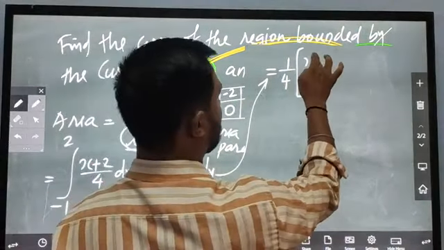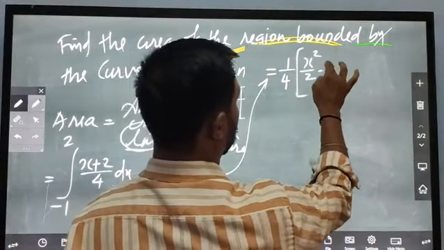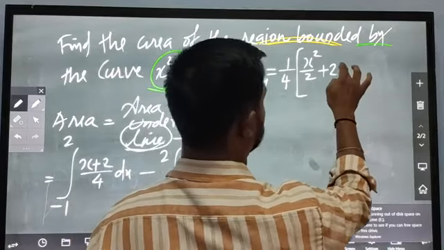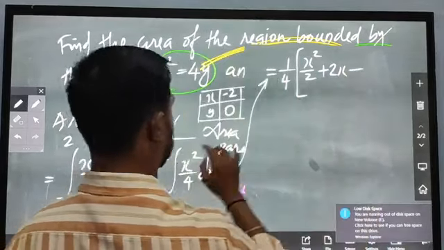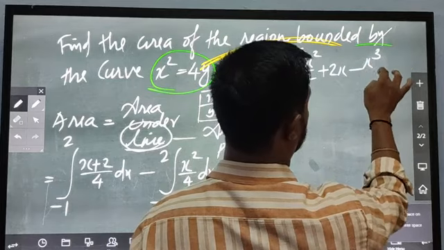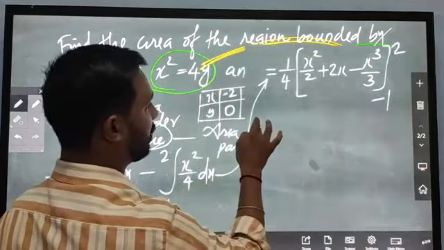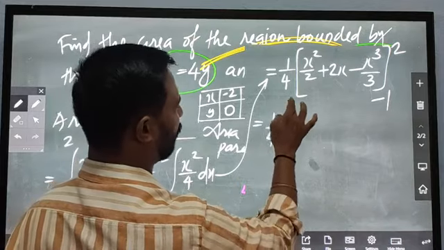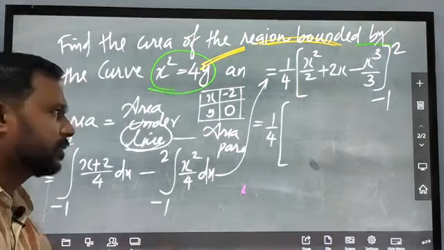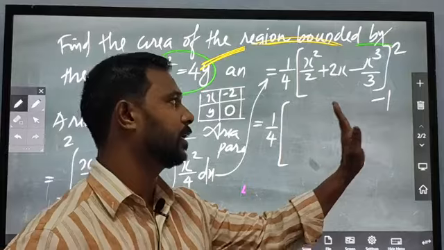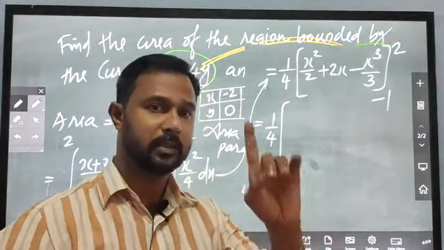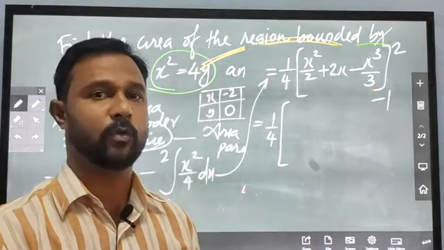That of x is x square by 2, plus that of 2 is 2x, minus that of x square is x cubed by 3. What are the limits? Minus 1 to 2. It is equal to 1 by 4 of, you supply the limits of integration, minus 1 and 2. The method is upper limit first minus lower limit second.